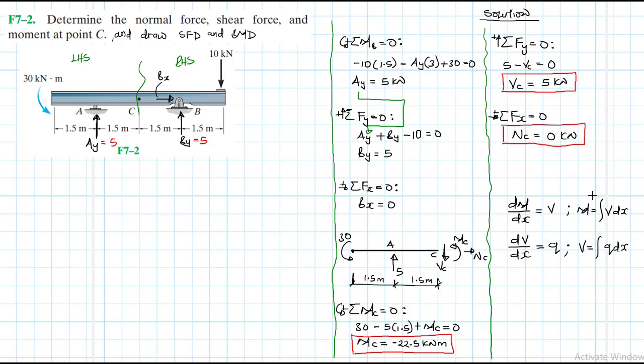So we have moment, which is just the area under the shear, and then the shear, which is just the area under the load diagram. So with these two differential equations, we're going to do the plots.